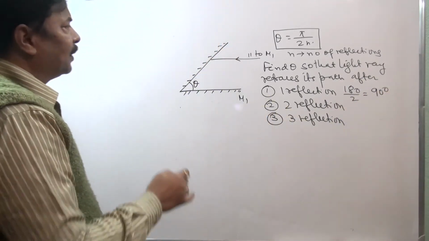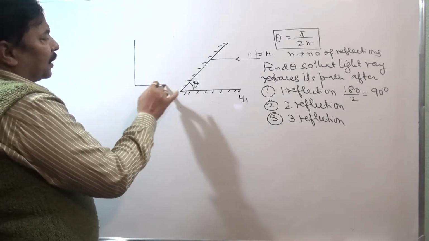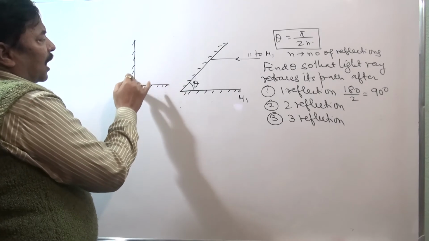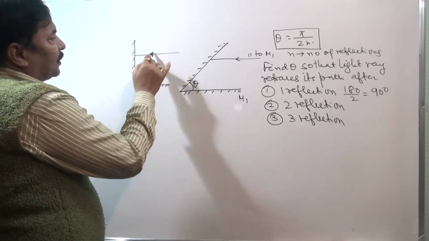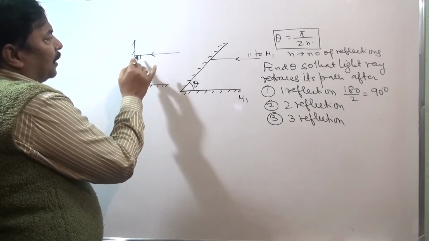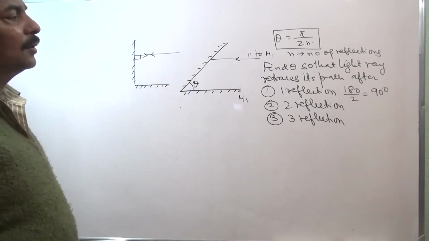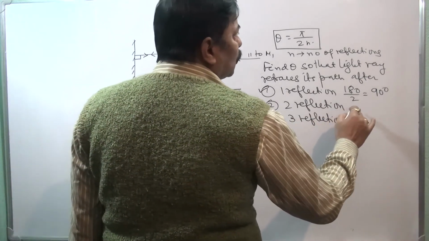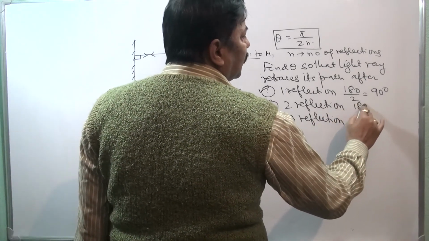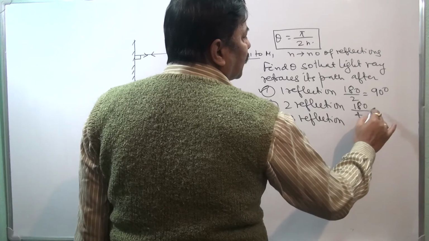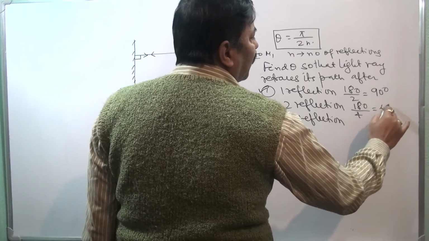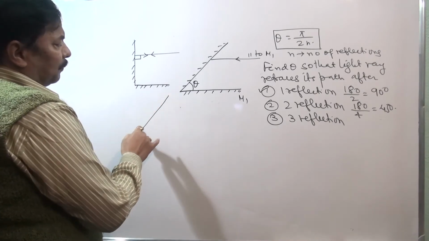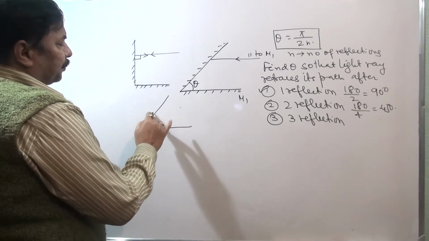So in the first case the mirrors are arranged in this way, the ray is incident in this way, and then ultimately it retraces its path. For two reflections, theta should be 180 by 4, that means 45 degrees.